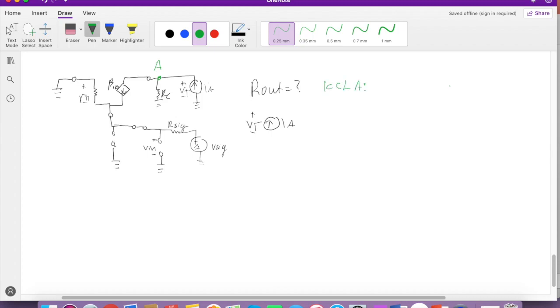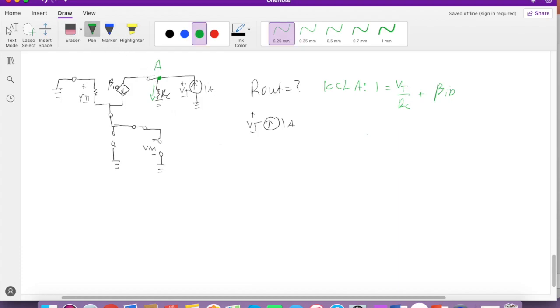So we see that 1 equals VT over RC, since VT is the voltage at A, which is across RC, plus beta IB. Now clearly here we have to find IB. Also, do not forget to remove the AC component. I completely forgot about that. I'm sorry.